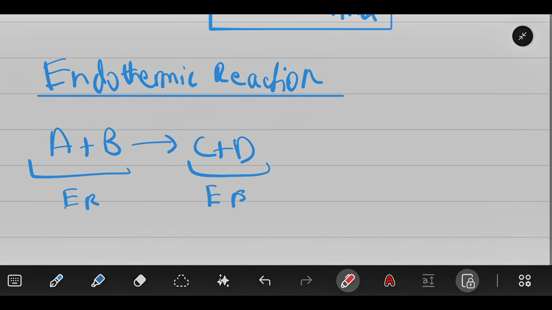Mind you, this is not the activation energy. This is the excess energy that we need to provide the reactants with in order for them to even react with themselves in the first place, to even form the products.